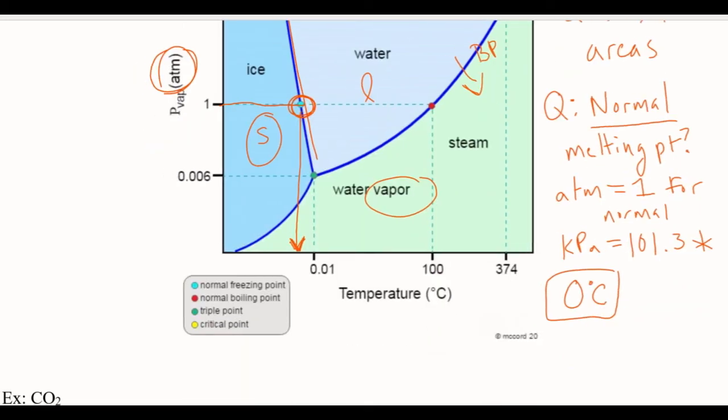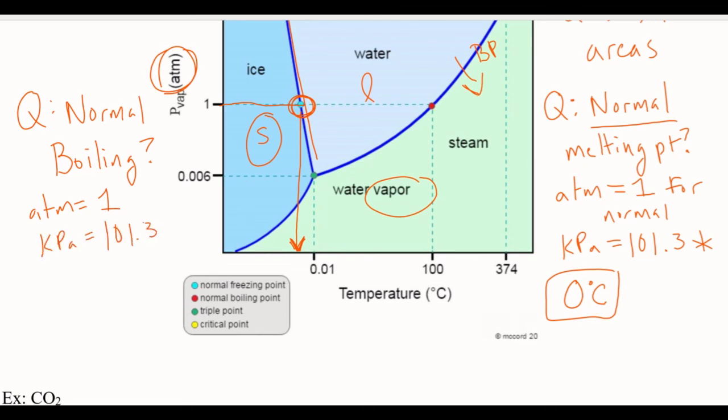Similarly, it'll ask you what is the normal boiling point, which is essentially the same thing. You're just looking at the other line. So again, it's still normal, which means 1 ATM or 101.3 kPa.